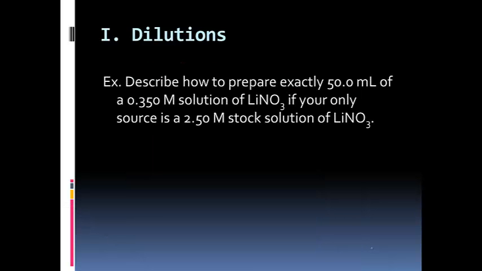Okay, so let's go back and do the problem. How do you prepare exactly 50 mLs of the 0.35 molar lithium nitrate solution if you have only the 2.50 molar stock solution? So we're doing M1 times L1 is going to equal M2 times L2. This is the new solution that we're making.